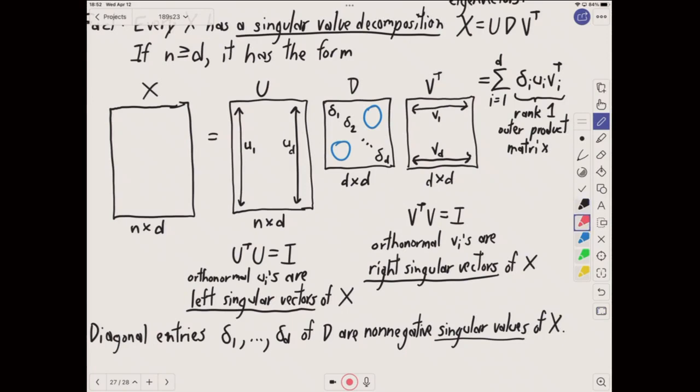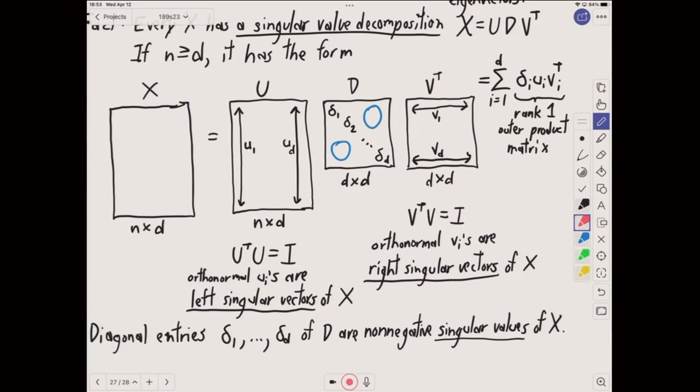So one other thing I want to mention is that there are several different takes on the singular value decomposition that depend on how big or small you want to make these matrices U, D, and V. This is the one that's best suited for our purposes usually.